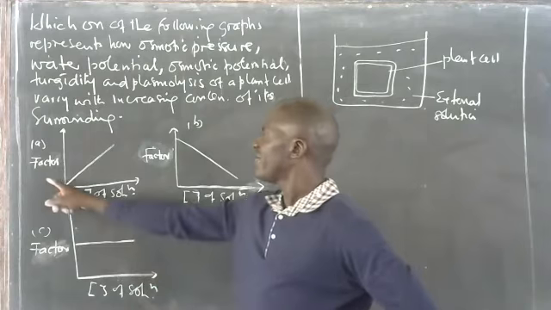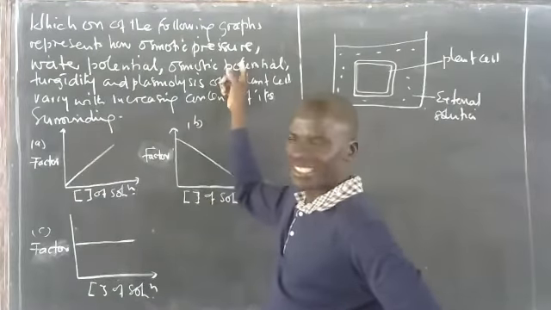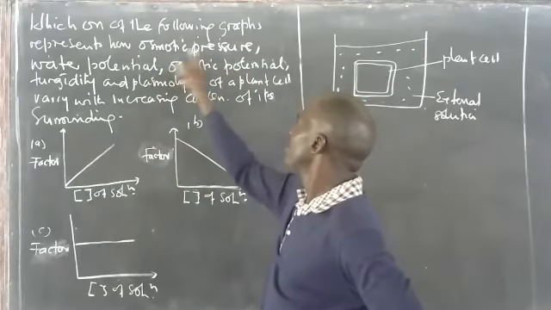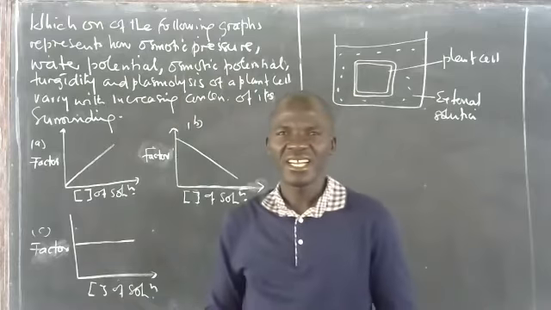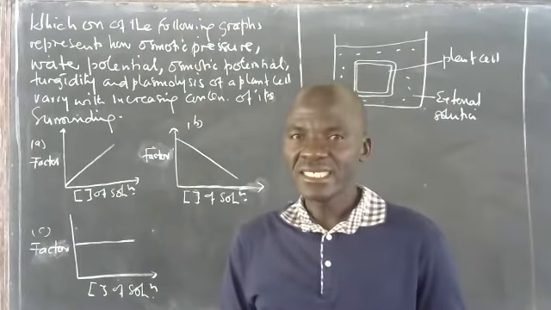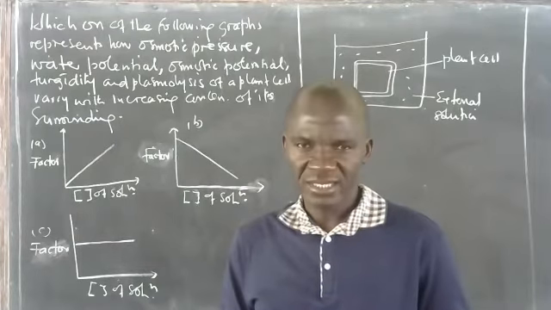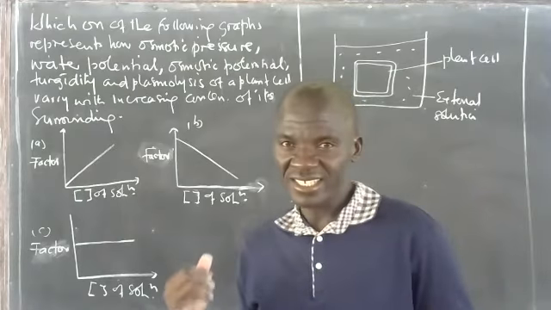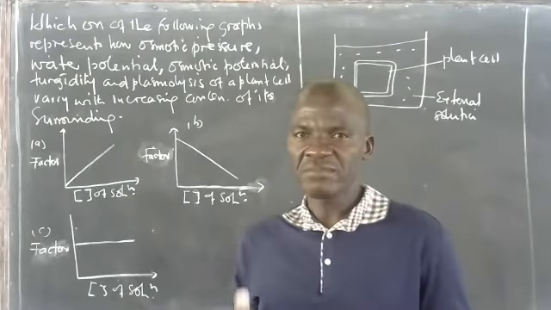Since I have so many factors, I have osmotic pressure, water potential, osmotic potential, I have turgidity, I also have plasmolysis, as you can see in that question. So any of that can be represented by a factor.